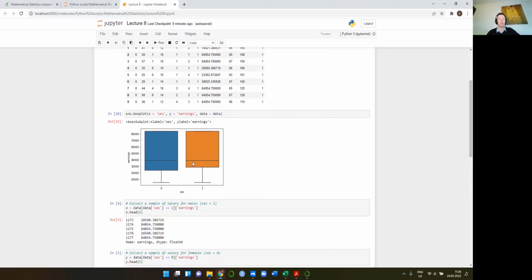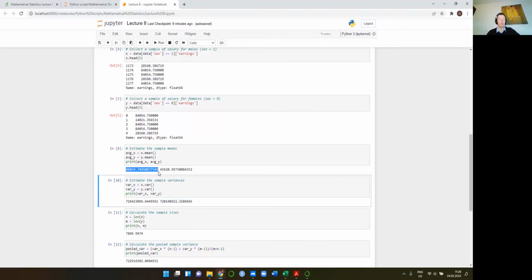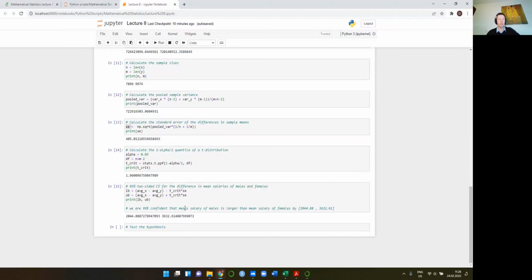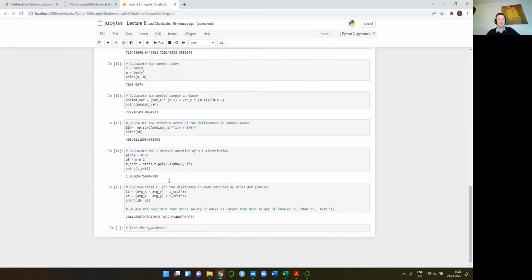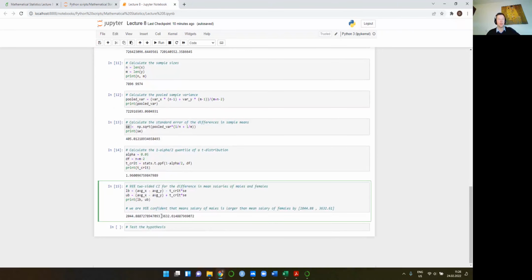And we also calculated the averages here and here. They're quite close to each other. But does this mean exactly that these averages are similar? With the help of the confidence interval, we said no. Even if the salaries are close to each other, with just a $3,000 difference, basically not that much, we know that in the population the difference might be from 2044 to 3632 with probability 95%.